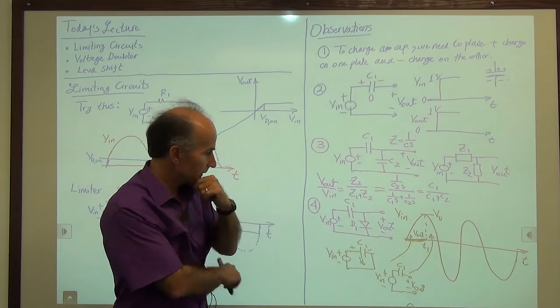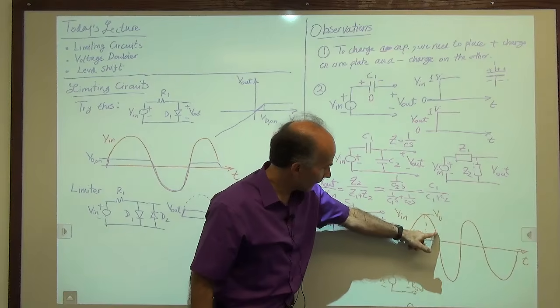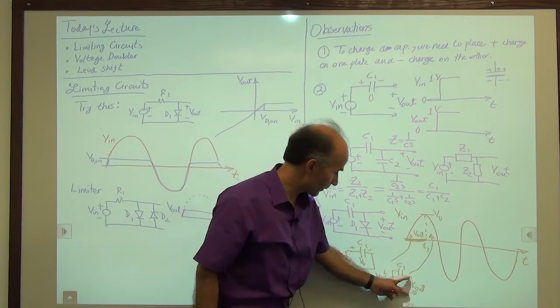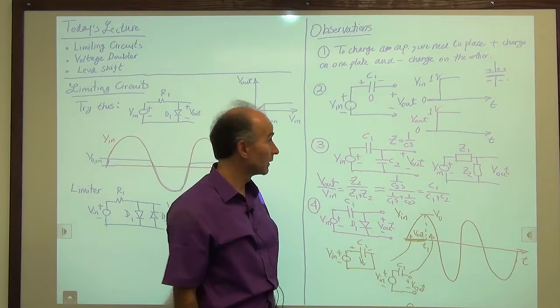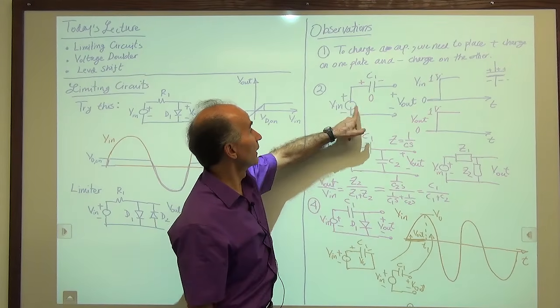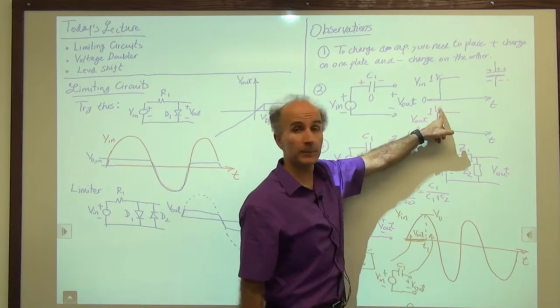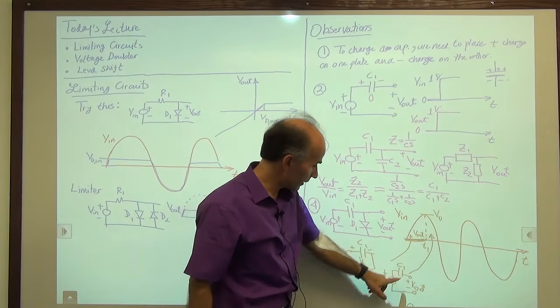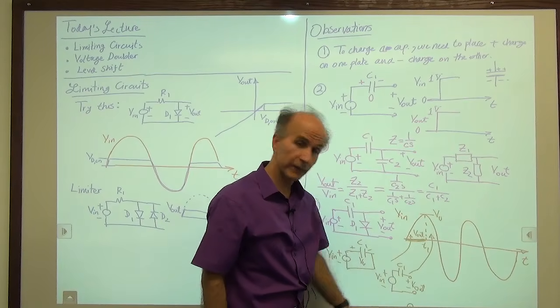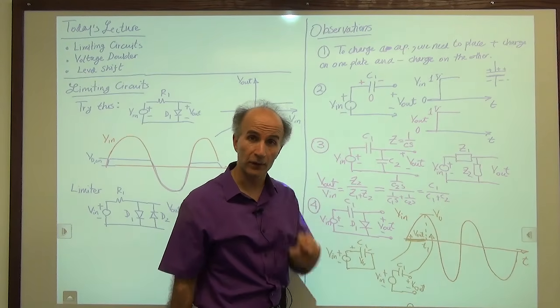So now what happens? The input starts going down, the output is an open circuit. What should we expect for the output? Remember here, when the input went up, the output went up because it was open. So here, when the input goes down, the output also has to go down. The output starts going down.